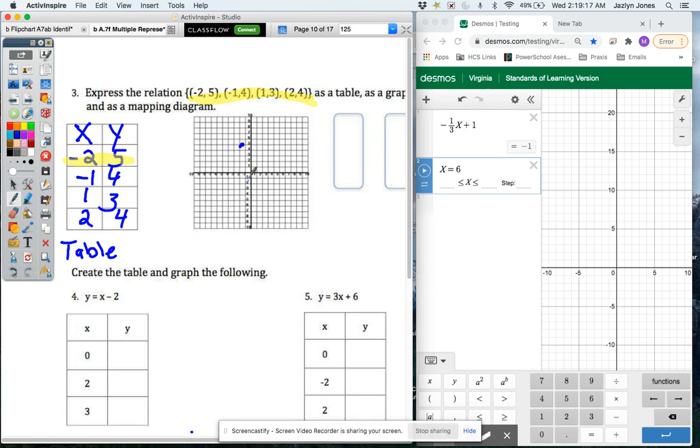Okay. My next one is -1 and a +4. So start at my origin. I'm going to go to the left 1 and I'm going to go up 4. 1, 2, 3, 4. Then 1 and 3. I'm going to go to the right 1 and up 3. 1, 2, 3.